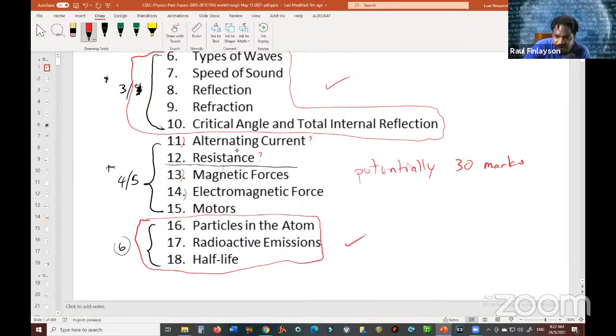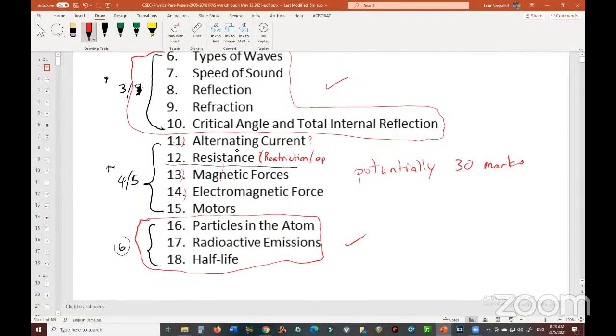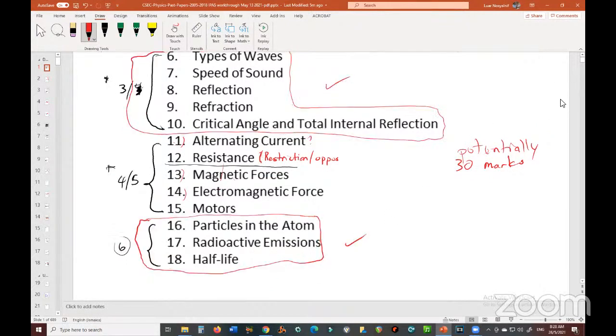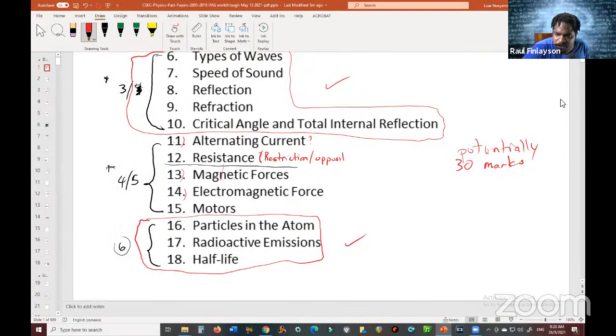So we could write that here so that you could remember: restriction or opposition to the flow of charge, to the flow of current.